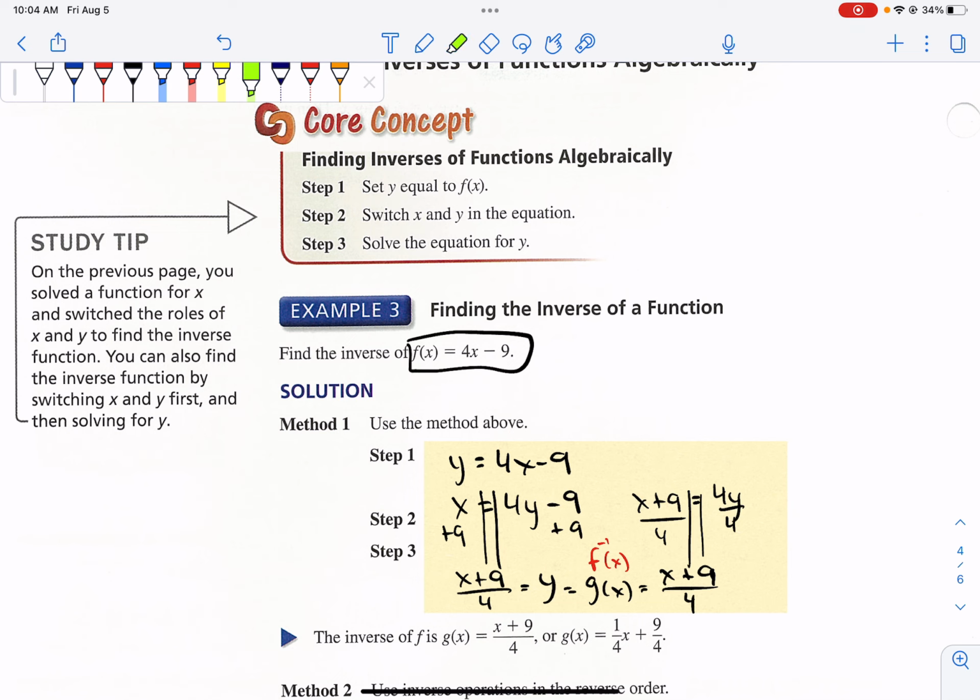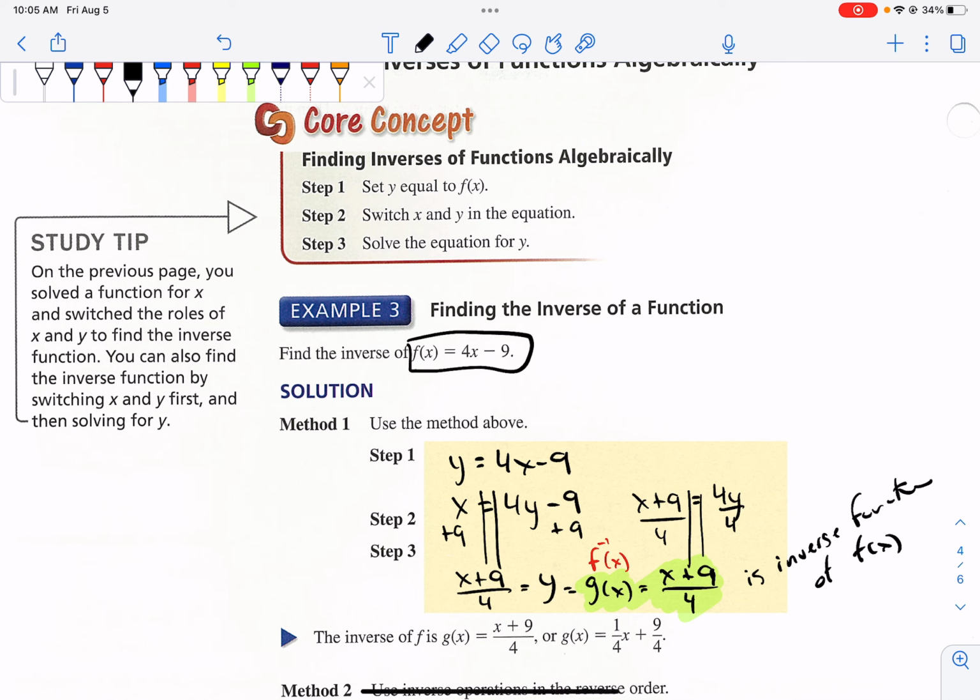Because if you gave me this function, g of x equals x plus 9 over 4, I don't know that basically what that is right there, that function is the inverse function of f of x. Okay, that function is the inverse function of f of x.